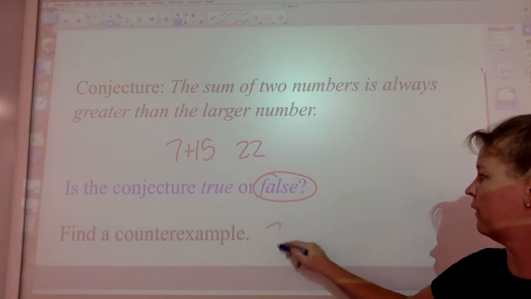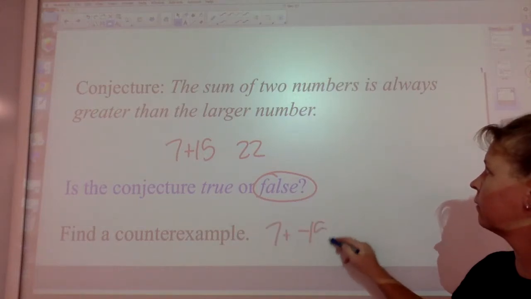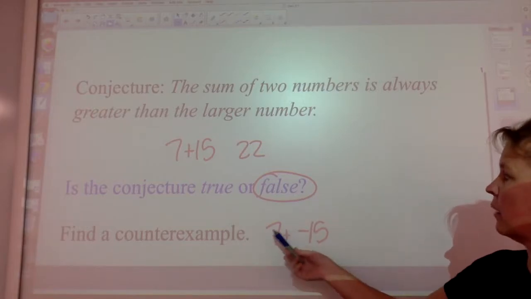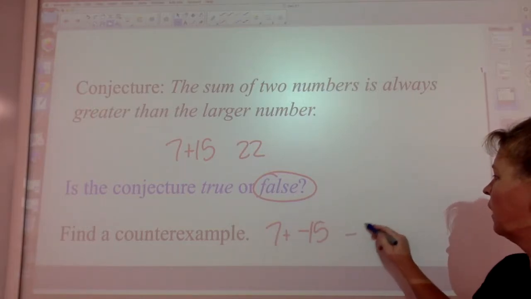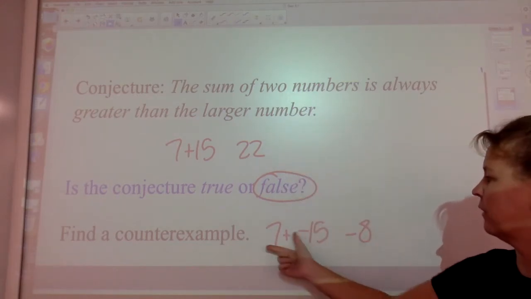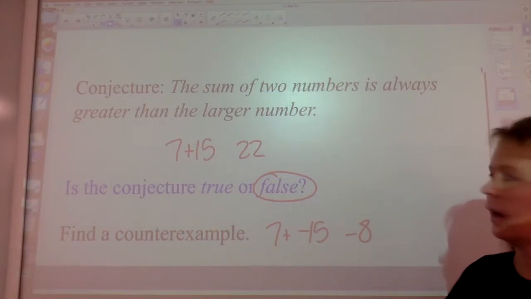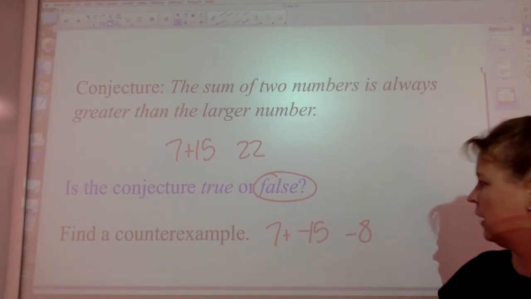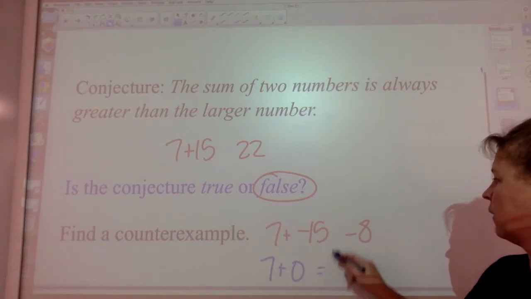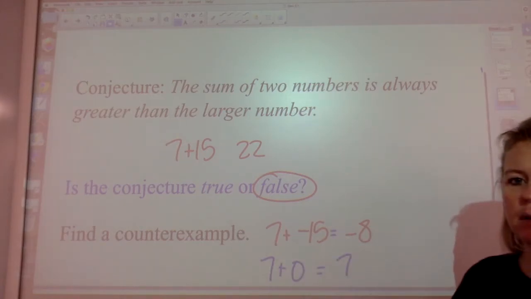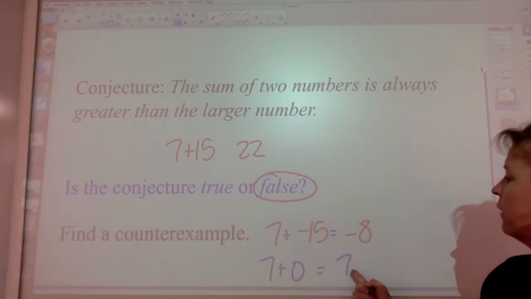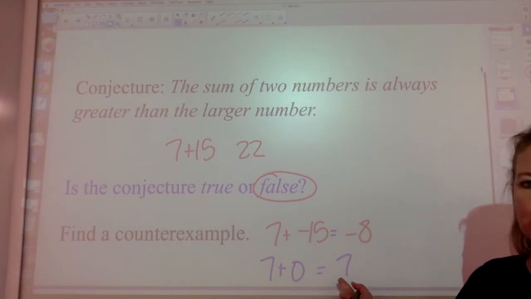What if I took 7 plus negative 15? I did sum, so instead of doing 7 minus 15, if I took the number 7 and I added negative 15, I would get negative 8. Is that greater than the larger number? Negative 8 is not bigger than 7. No, it is not. Any negative number would be a counterexample. You could use 0. 7 plus 0 is 7. It's not greater than in this case, it's equal to.